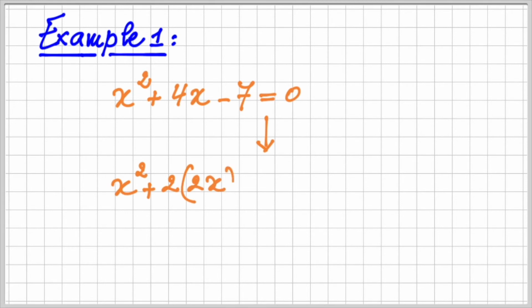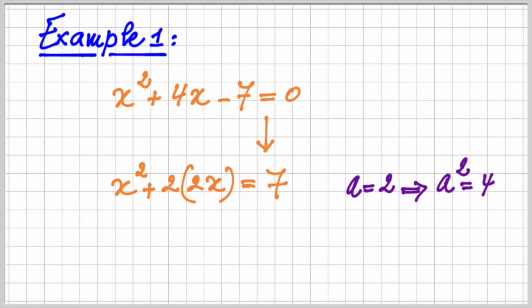This is the first example, our first equation, x to the square plus 4x minus 7 is equal to 0. I move 7 to the right-hand side and I replace 4x by 2 times 4 divided by 2x. So we find x to the square plus 2 times 2x is equal to 7.